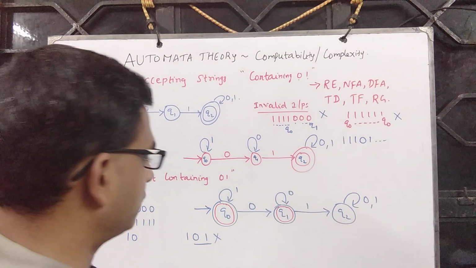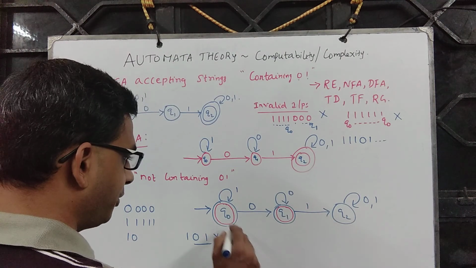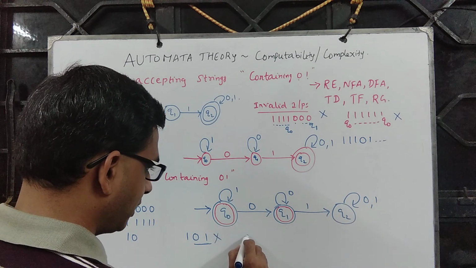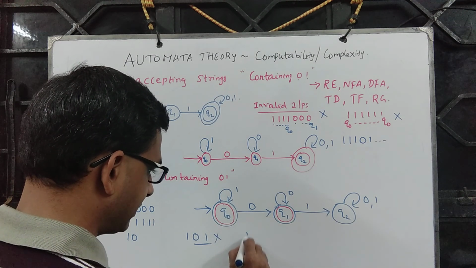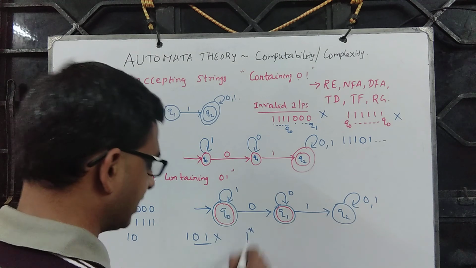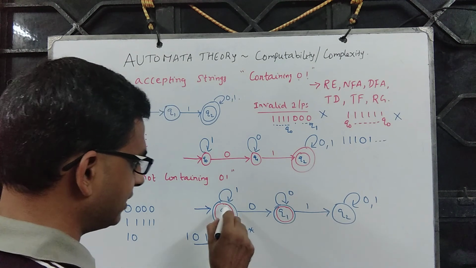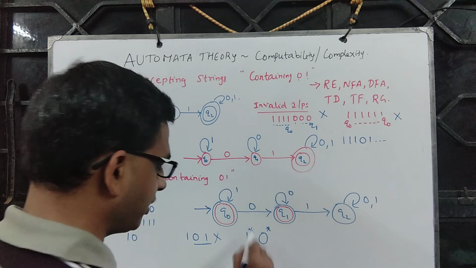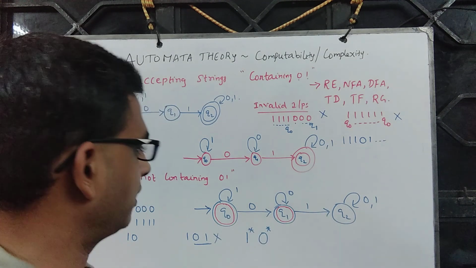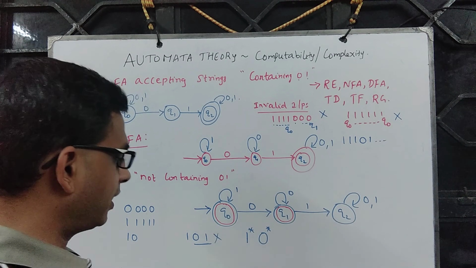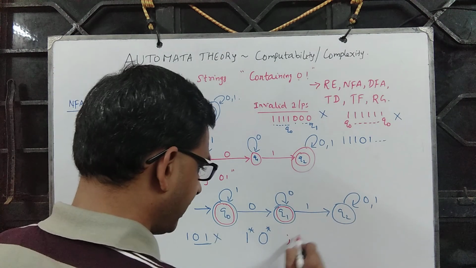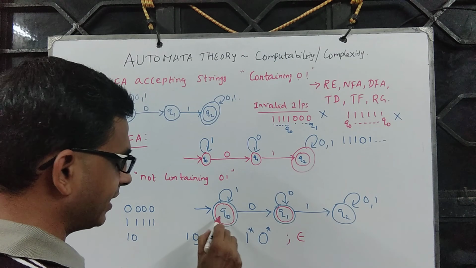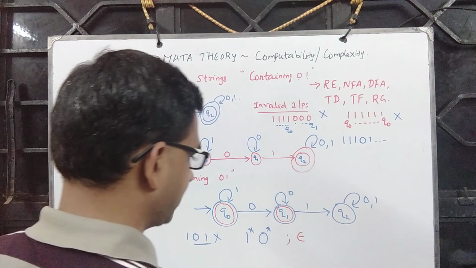Now if you look at this machine, what is it doing? It is accepting 1 star, any number of 1s, followed by 0 star, any number of zeros. Correct? And it may accept epsilon. For example, if both start state and end state are the same, then it accepts epsilon.